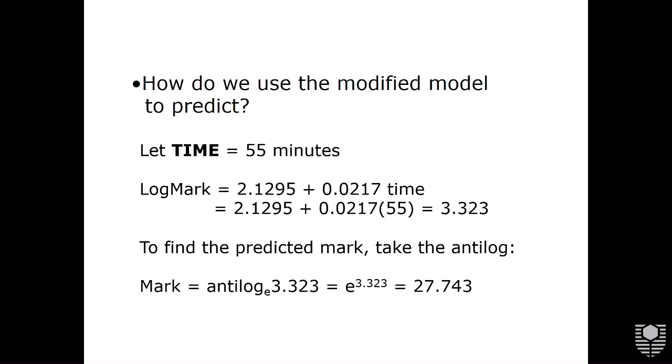How do we predict the natural logarithm of mark? Like you say, 0.0217 times 55 plus 2.1 equals 3.323.